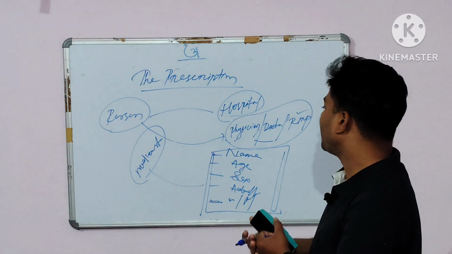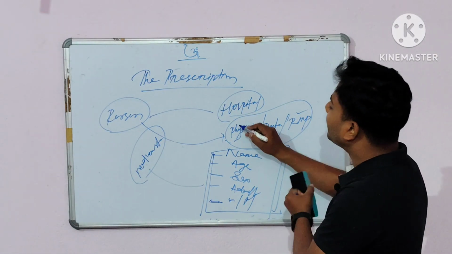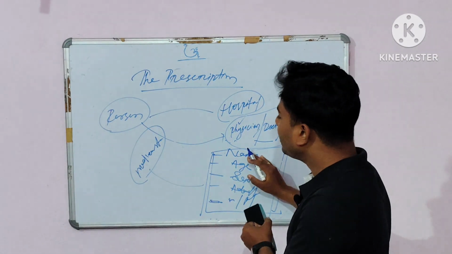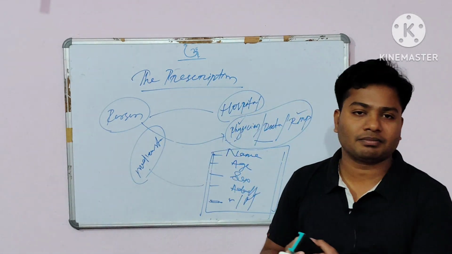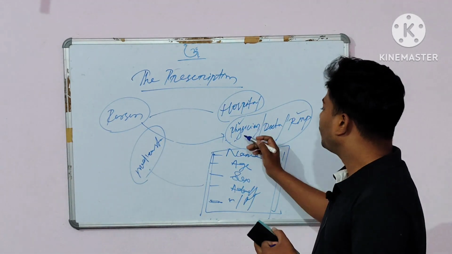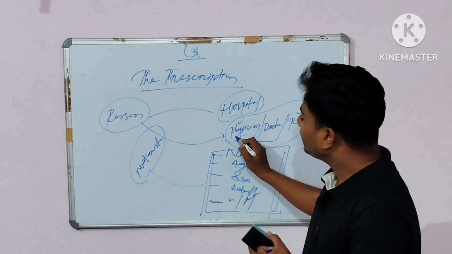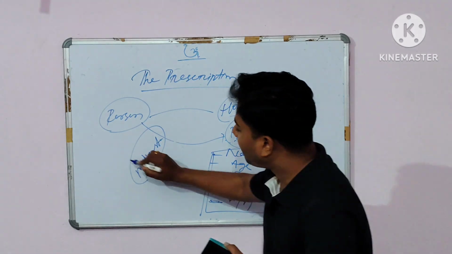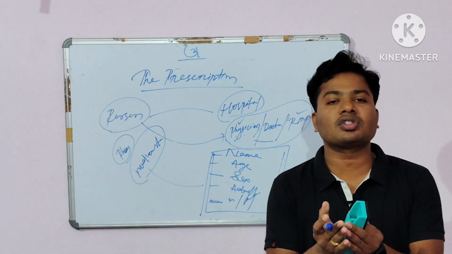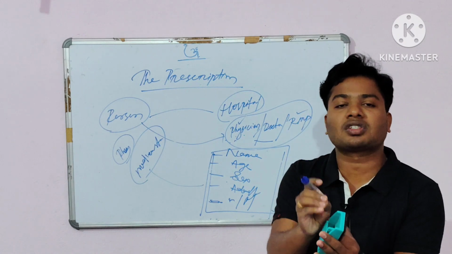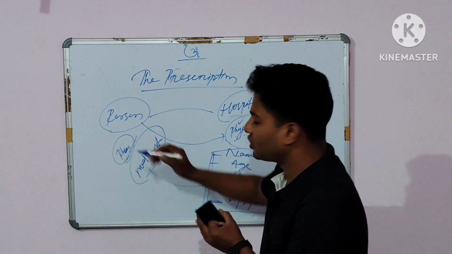The information about the medicines prescribed by the physician goes to the pharmacist. So who is the pharmacist? The person present inside the medicine store is called the pharmacist.